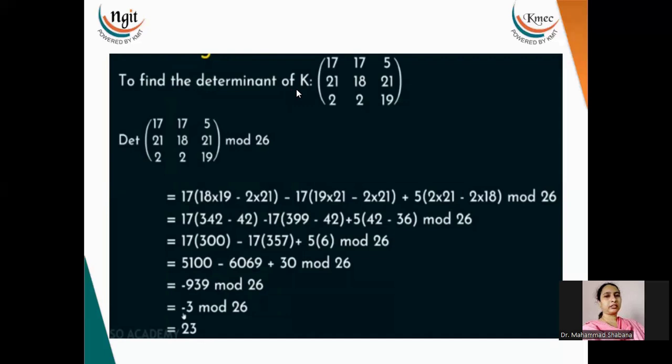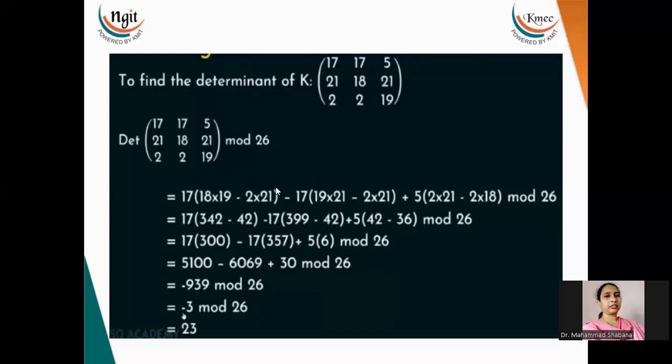For the determinant, we are taking det of the key matrix, mod 26. Here we are taking the first row and first column. We are eliminating them: 17 into (18 into 9 minus 2 into 21).